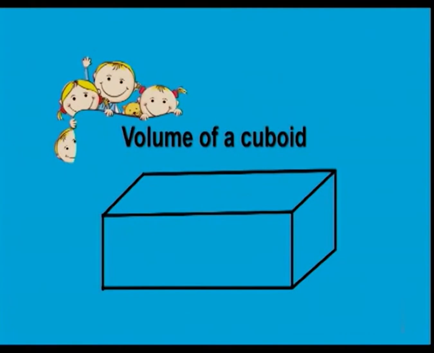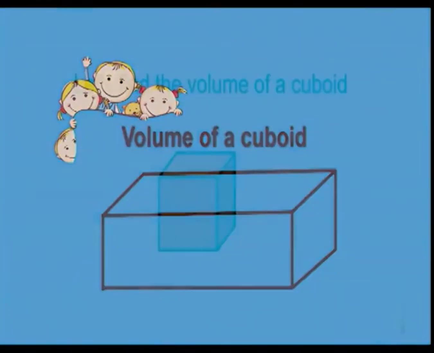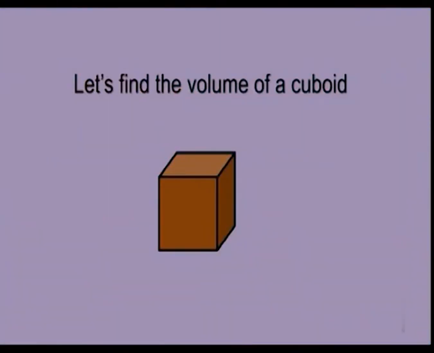We have to find out a simple method to find the volume of a cuboid. Look at this. This is a cube. I am going to build up a cuboid by using these cubes. The side length of this cube is 1 centimeter. So, we call this type of cube a cubic unit.